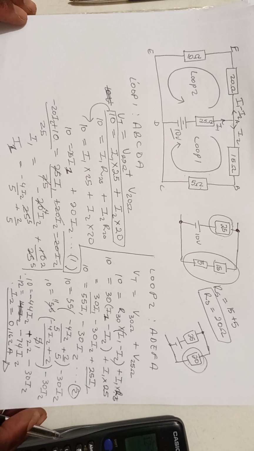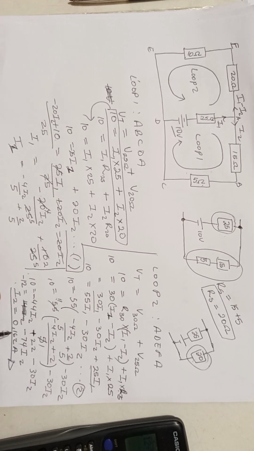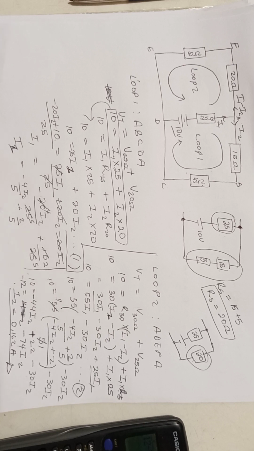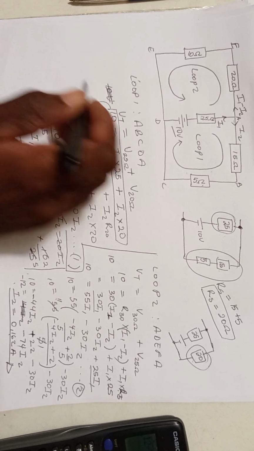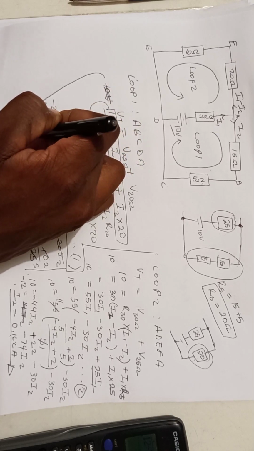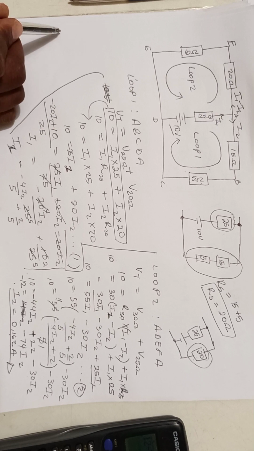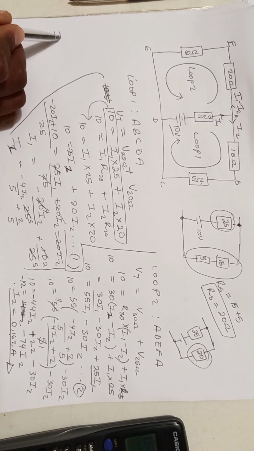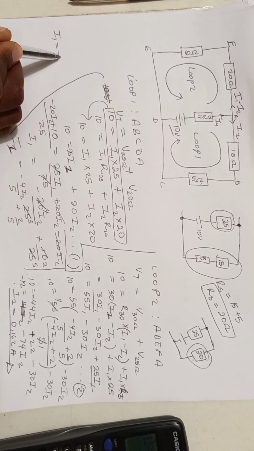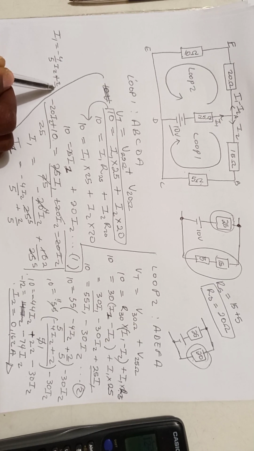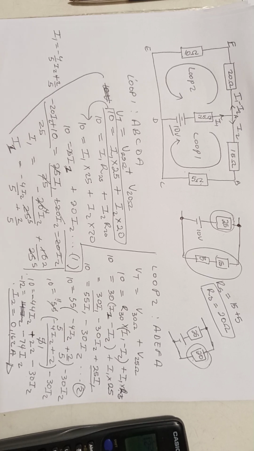So if we want to know I1, we would take this and substitute it here. Let's do that here because I don't want to use another paper. So we know that I1 is equal to minus 4 over 5 I2 plus 2 over 5, right?